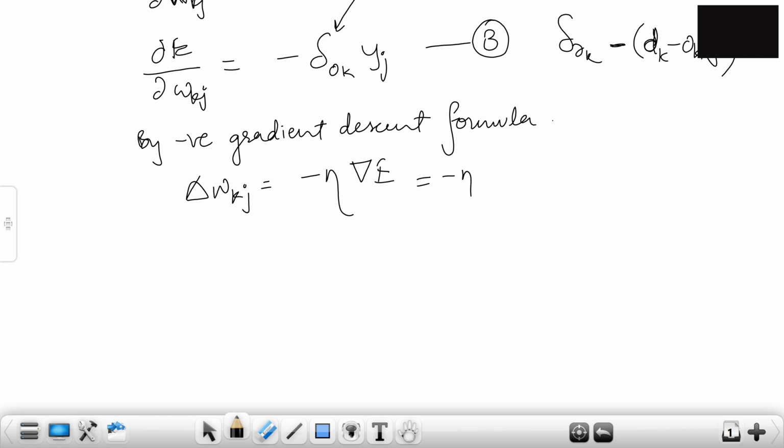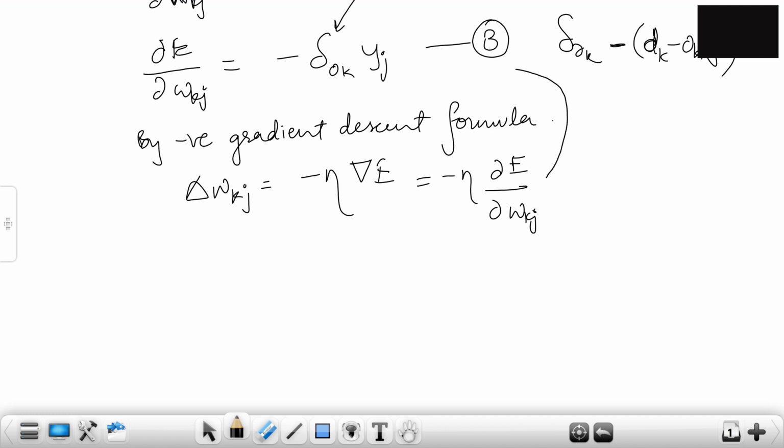So this is nothing but minus eta ∂E upon ∂w_kj.